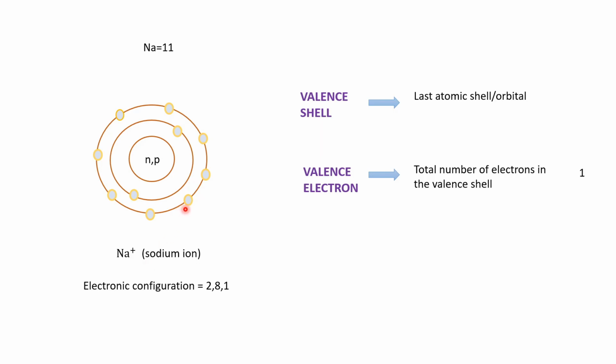If negativity goes from an atom, positivity comes. Whatever number of negative charges go, that number of positive charges comes. Here only one electron left the atom, so one positive charge is with the sodium, and it has become a sodium ion. And now the electronic configuration changes to 2, 8.